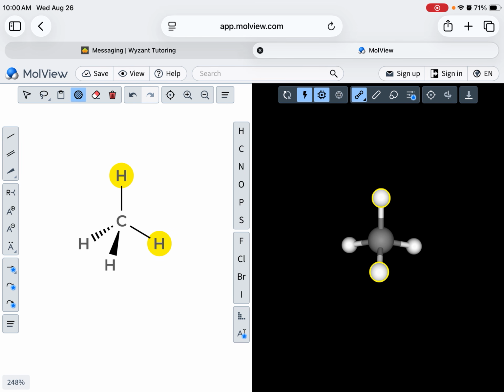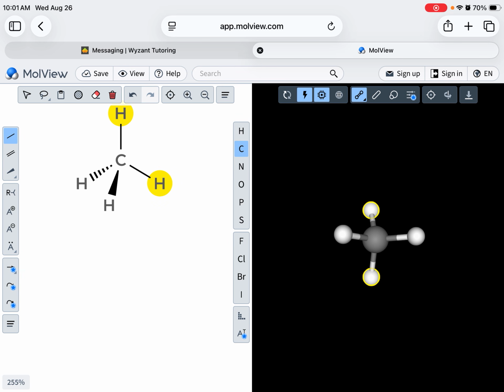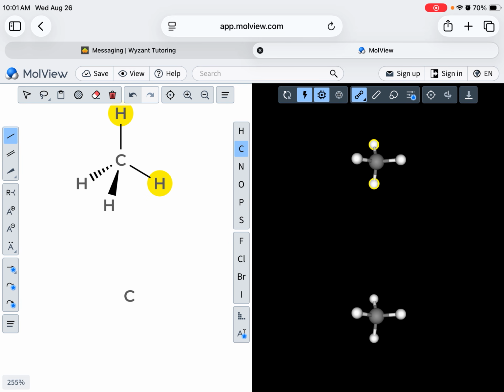Another thing that you need to be aware of is that we could take this molecule and rotate it in a different way. We can represent it in a different way. So what if I took the molecule and rotated it like this? How would we draw that one? Well, let me do it right here. We would have our carbon, and I see that there are two bonds sticking out at me. This bond and this bond.